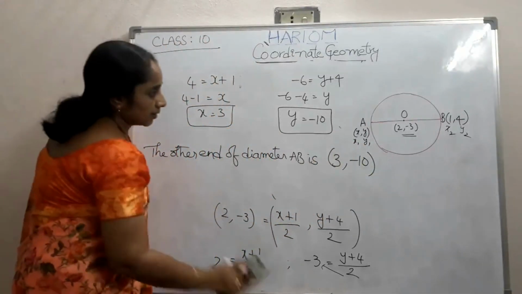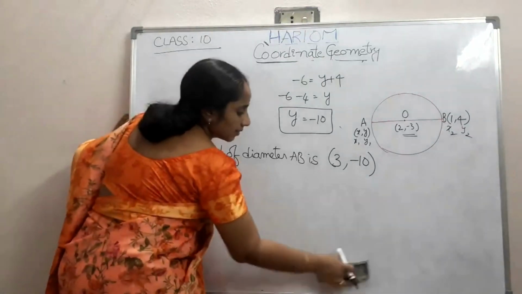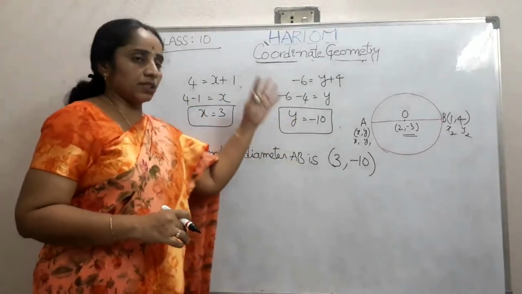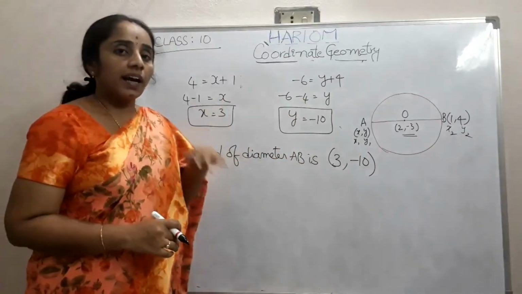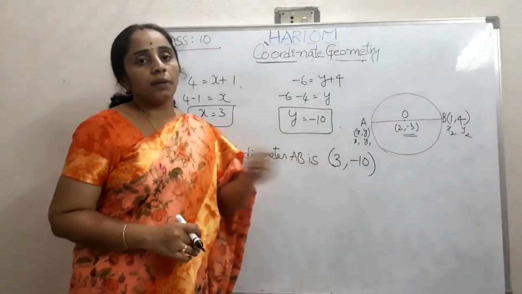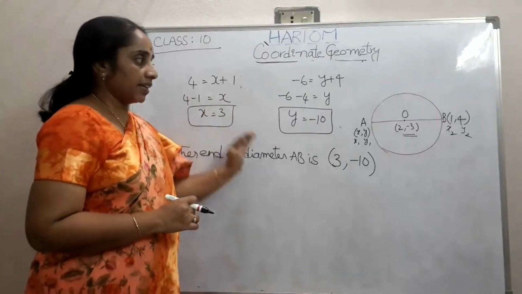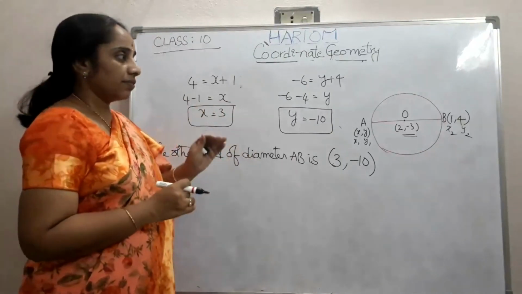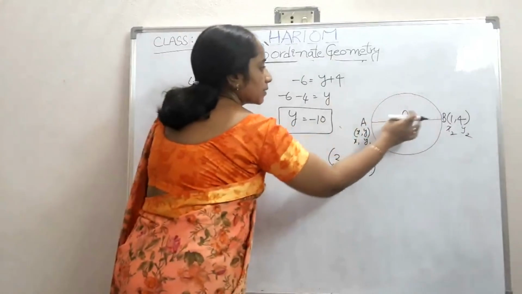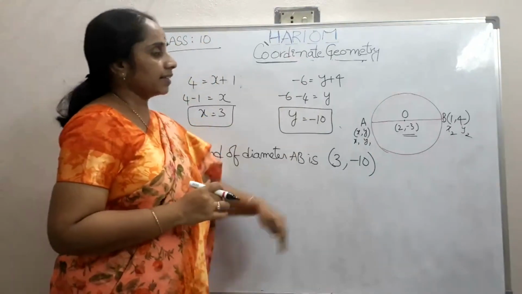So here, this problem we use when a line divides in equal ratio. Up to now, before this problem, we discussed if the line divides internally in a specific ratio m1 is to m2. But in this problem, when a line segment is divided by a point in equal ratio, then we can use this model.